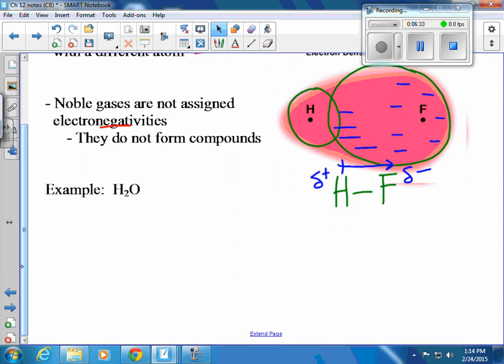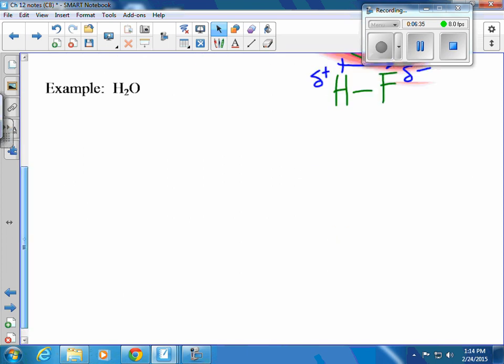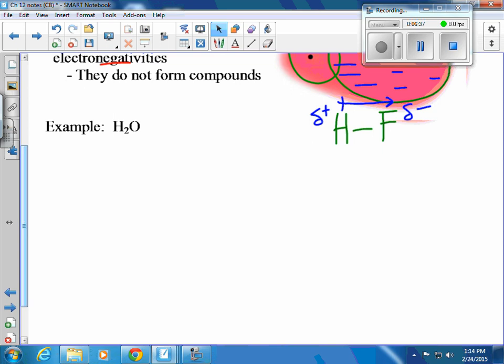So if we take a look at water, we're going to learn how to draw some of these compounds in the next podcast. But here we're just going to say that we have oxygen, we have hydrogen bonded to it, and they are sharing those electrons. And if I look at the electronegativity of these, you can see that I have lone pairs of electrons, and this will all make sense when we start drawing these, but we know electrons are negative.